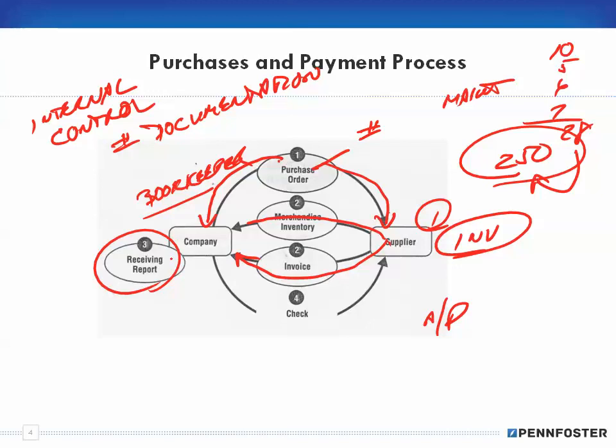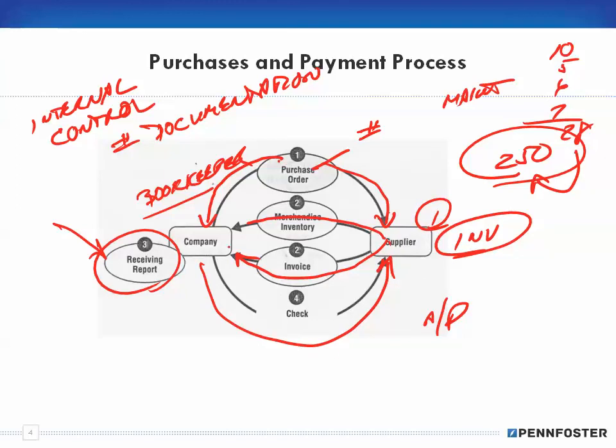It's possible, all right, that they want to show on the report what actually has been received. I mean, you're talking about multiple departments that use the same materials that might use a receiving report. But the bottom line is that once the accounting office has the invoice and the purchase order, they'll cut a check and then send the money to the supplier, to the vendor, and the transaction is concluded.